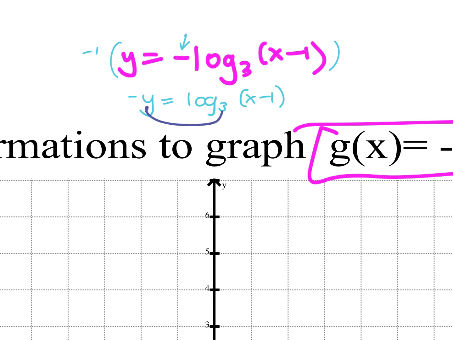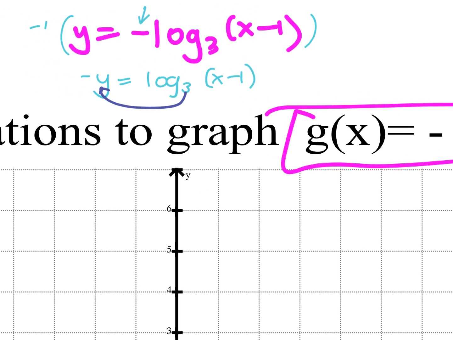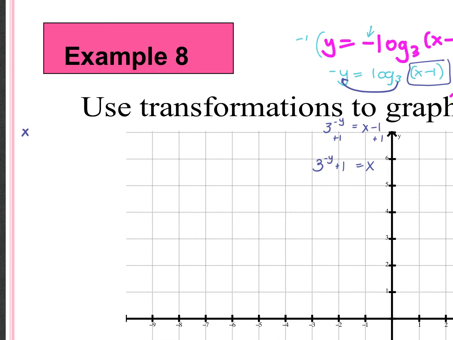So now 3 comes over and picks up the negative y. I end up with 3 to the negative y equals, now I have this whole thing, x minus 1. Then I'd add the 1, and I end up with 3 to the negative y plus 1 equals x. That's the equation I'm going to use to plug in.